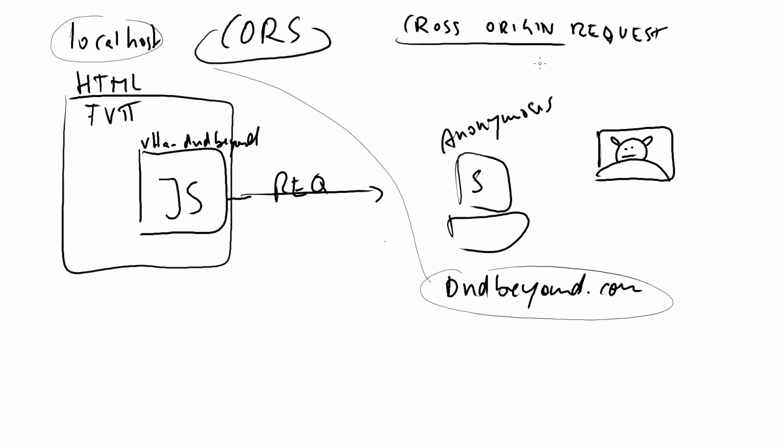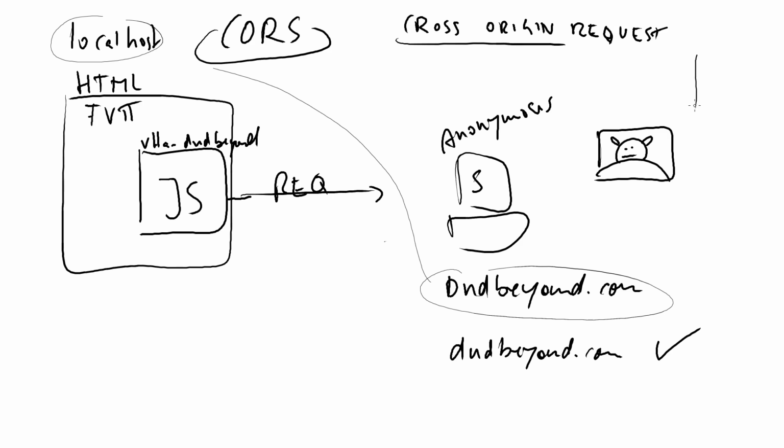And then the server says, okay, if you want to download this resource, this is enabled for, and this is something the server specifies, he says, if you are coming from D&D Beyond, then you can access this resource.